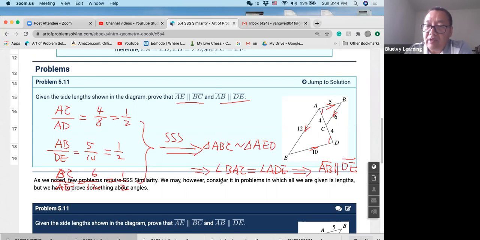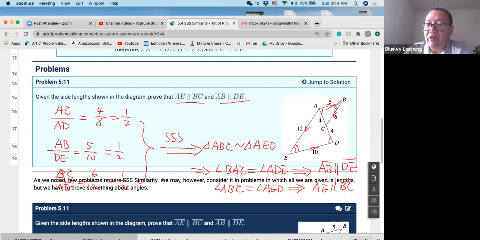Another, we can get angle ABC equals angle AED. From this, that means this angle equals this angle. We can get AE parallel with BC, right?